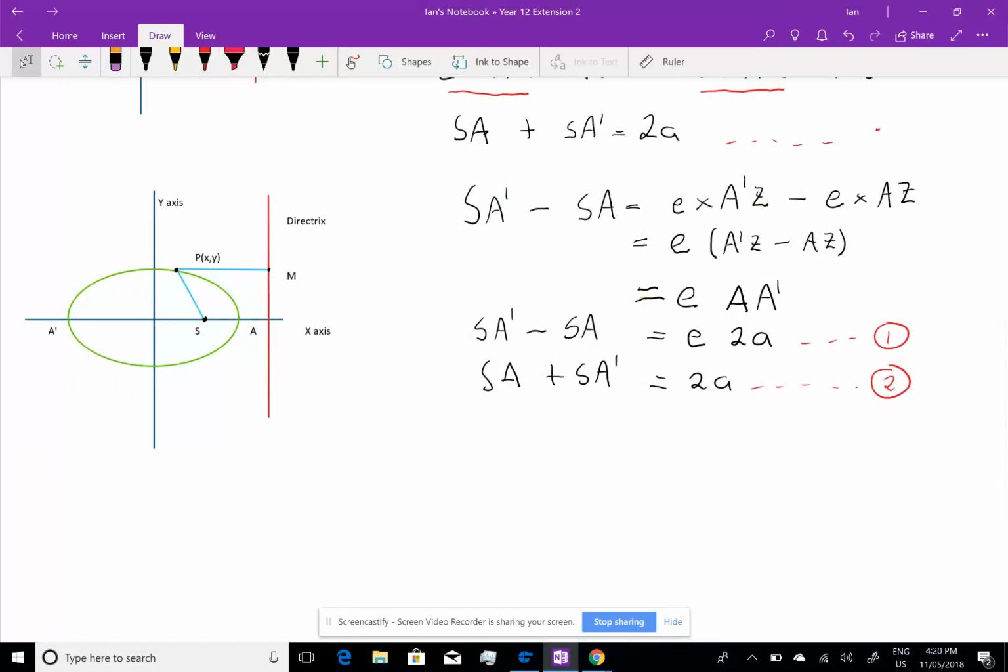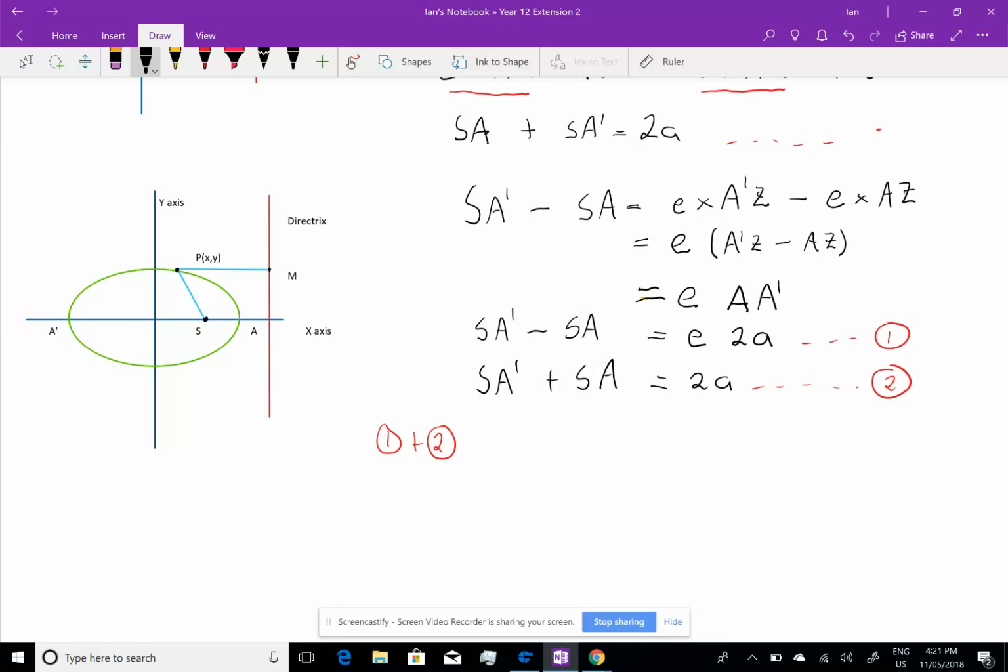Now, if we add those equations, so we'll take 1 plus 2, I'm going to rearrange this so it makes it easier, because it doesn't matter which way I add, SA dash plus SA.